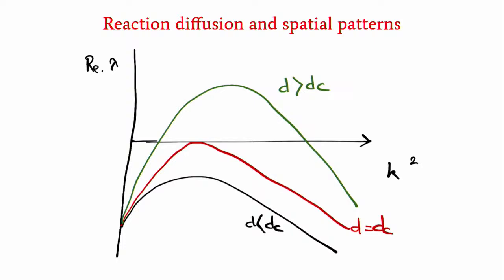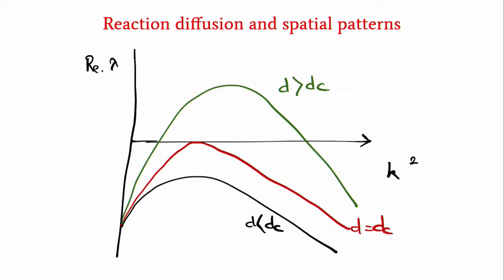Once you hit this critical mismatch, du by dv, there is one value of the wavelength that will allow this instability to grow. And of course, if you cross this critical value, d greater than dc, then you'll have a range of wave vectors that grow. Generally, if you waited long enough, the wave vector with the highest growth is the one that is eventually probably going to take over the system.